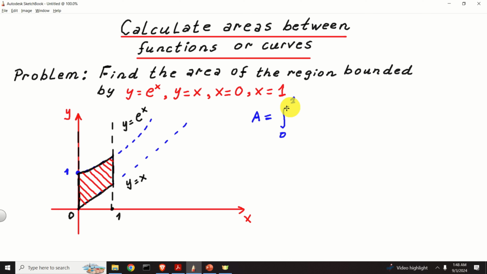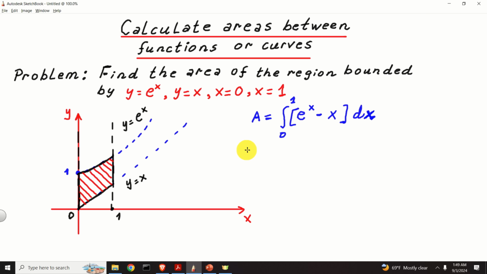And over here we have a difference between y is equal to e to the power x and y is equal to x. That is, inside of the integral we will have e to the power x minus x. And everything is integrated with respect to dx. And that's it. You just need to evaluate this integral.